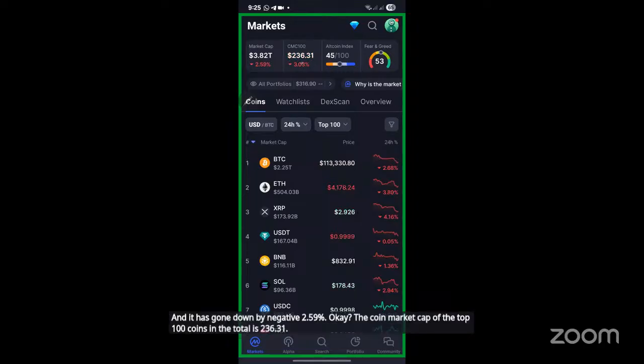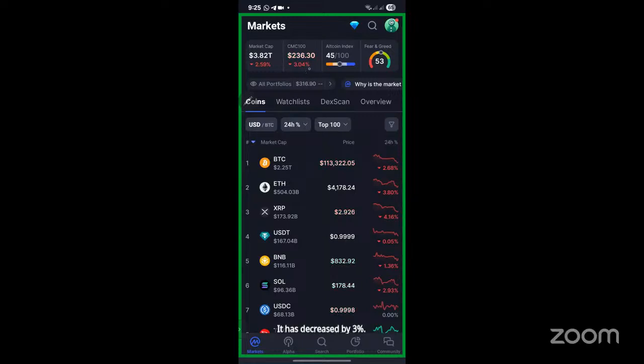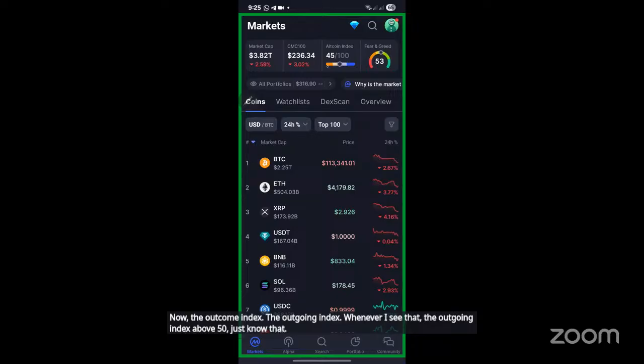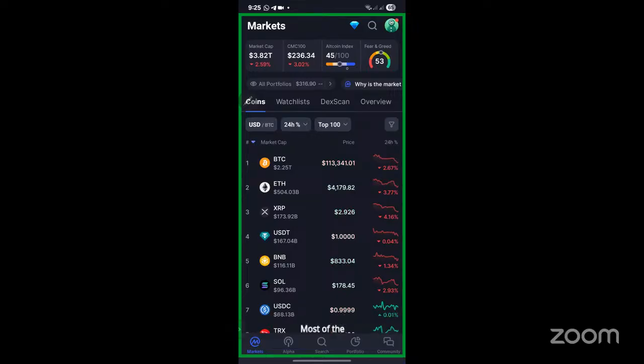It has decreased by 3%. The altcoin index is 45%. Now, whenever you see that the altcoin index is above 50, just know that most of the money is in the altcoins.